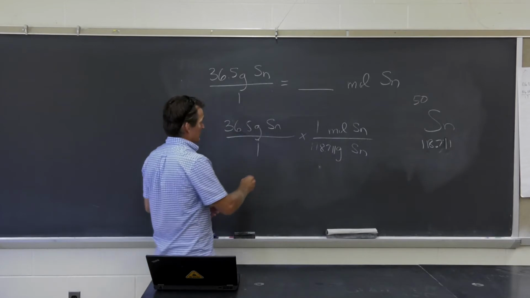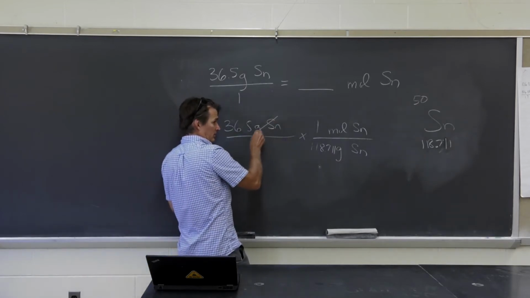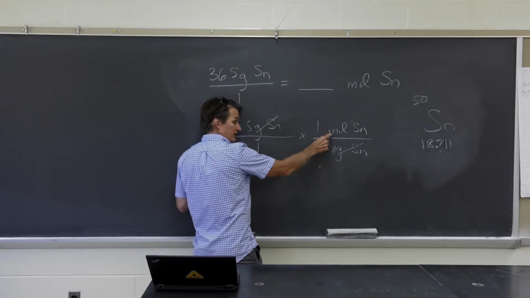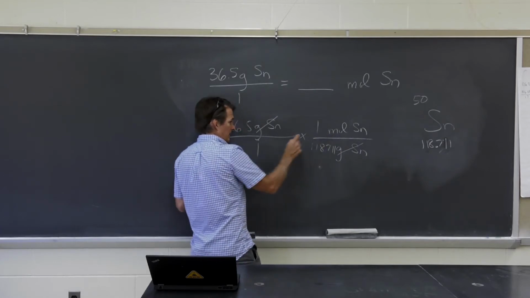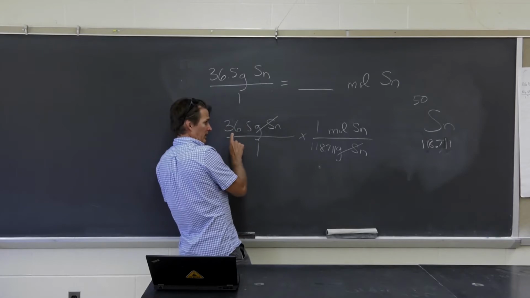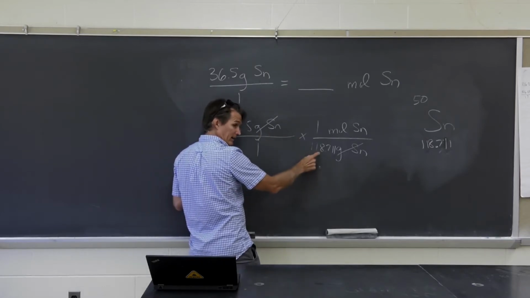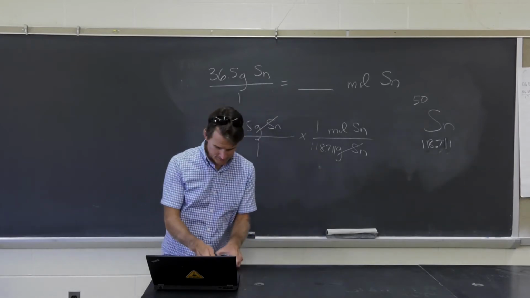So in this case, when I do the multiplication, the grams of tin will cancel the grams of tin, and I'll end up with moles of tin as my unit. I'm going to take 36.5, but this number is on the denominator now, so I'm going to divide 36.5 by 118.711 to find my moles of tin.